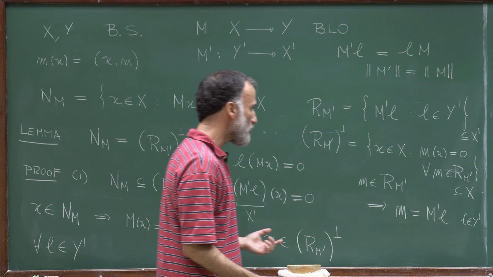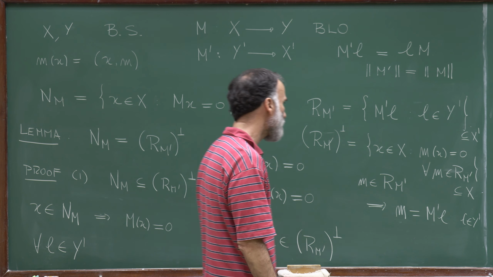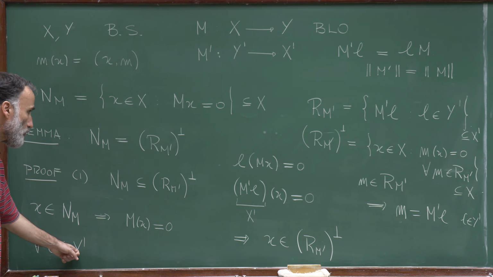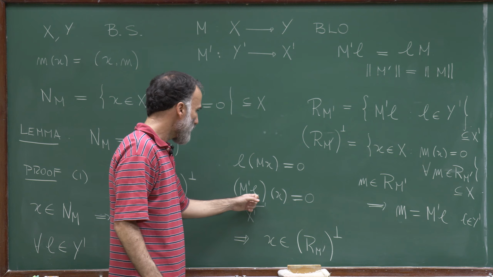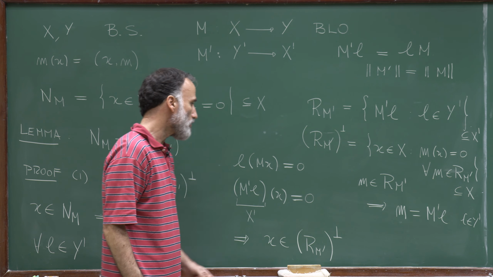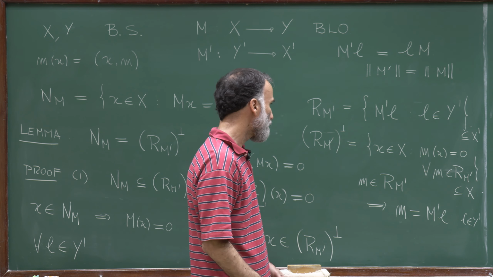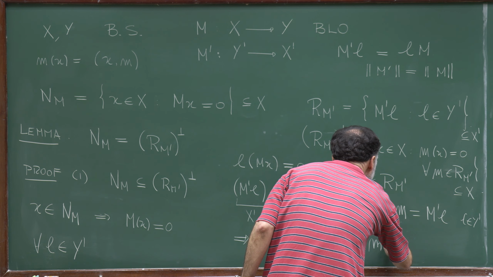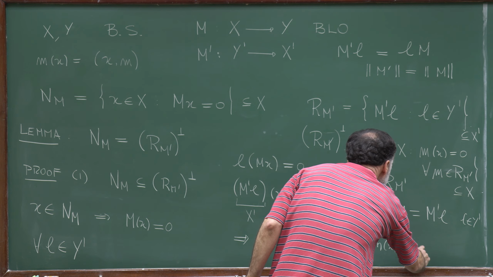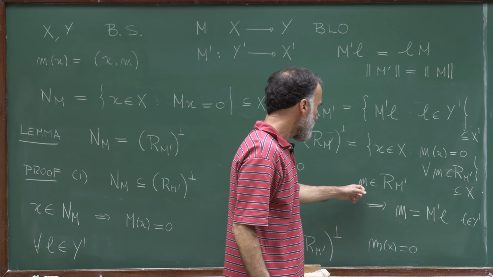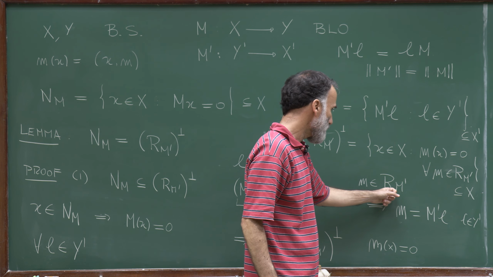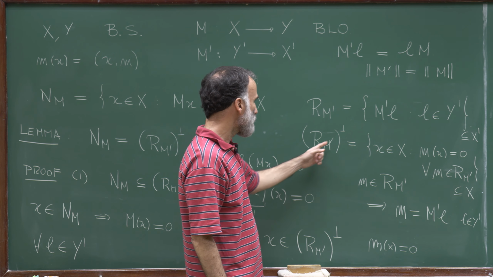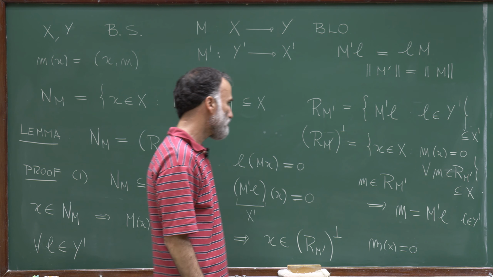So there exists an L in Y prime such that M is equal to M prime L. But we proved that for all L in Y prime, M prime L of X is equal to 0. So indeed, what we prove is that M of X is equal to 0 for all M in the range of M prime, and therefore X indeed belongs to Rm prime perp.